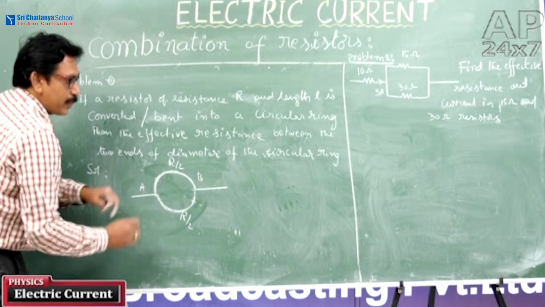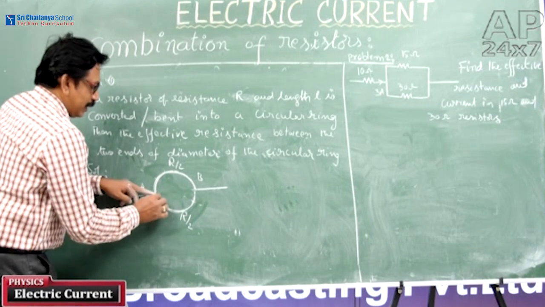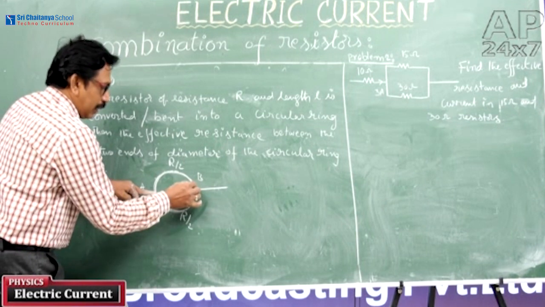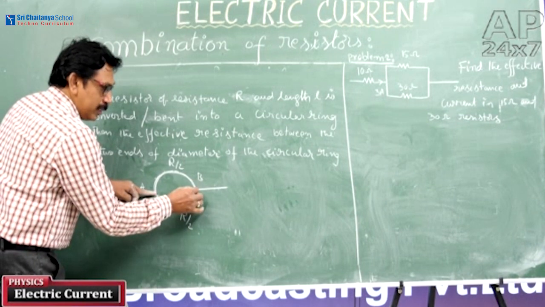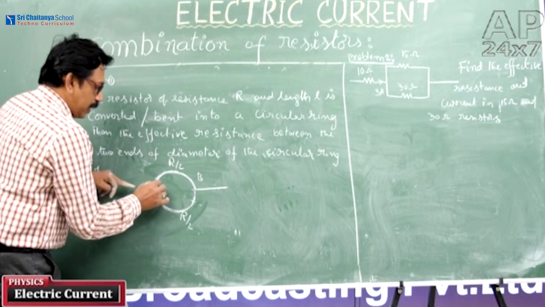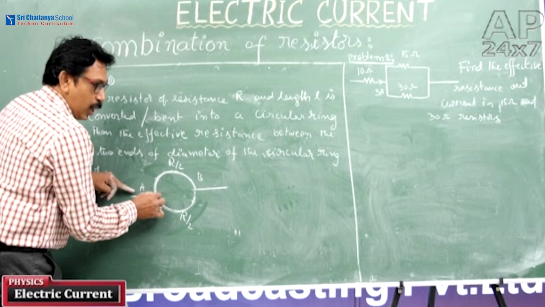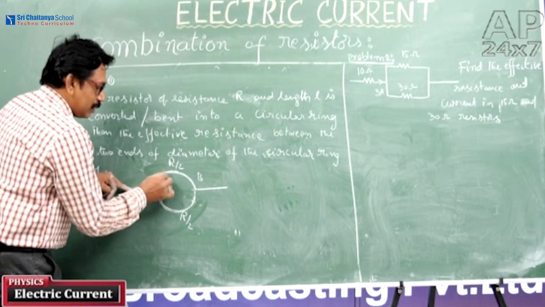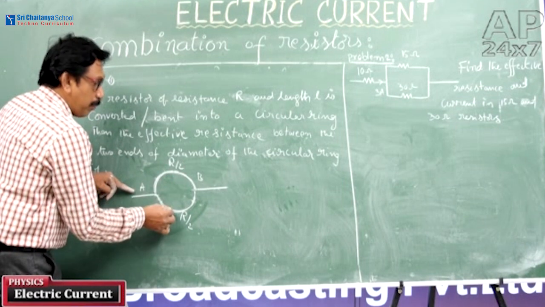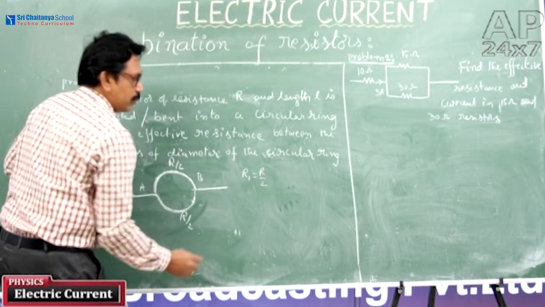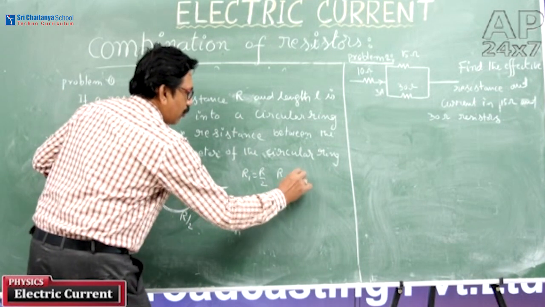Once again, see, these are the first terminals of the two resistors connected to one common point. So, according to the parallel combination of resistors, these two are connected in parallel. So R1 is equal to R by 2, R2 is equal to R by 2.